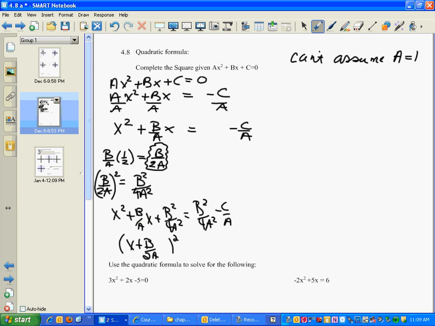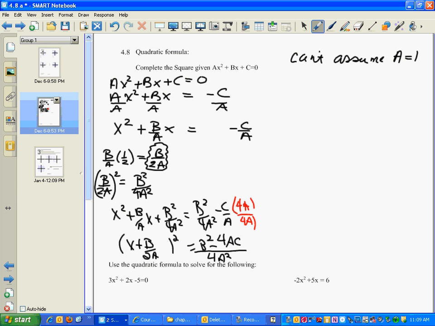Which means my second fraction, the negative c over a, has to be multiplied numerator and denominator by what value? 4a over 4a. So combining this now, I get b squared minus what? Get it in the right order. All over? Correct. Are we good with this?